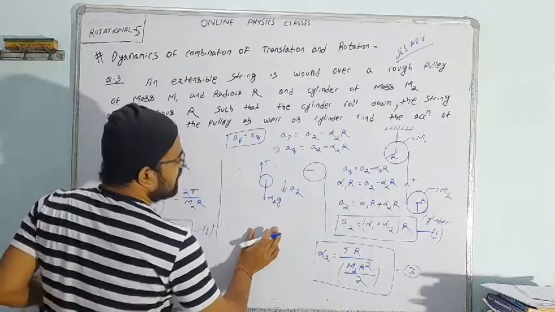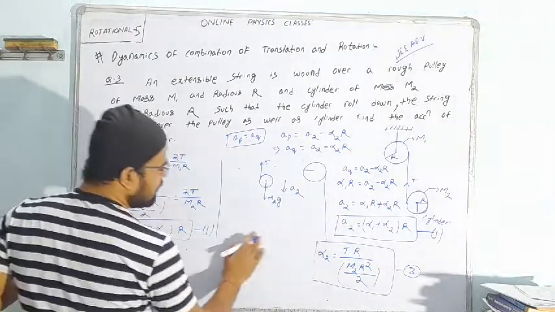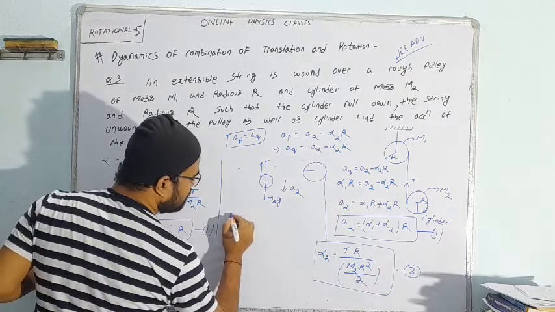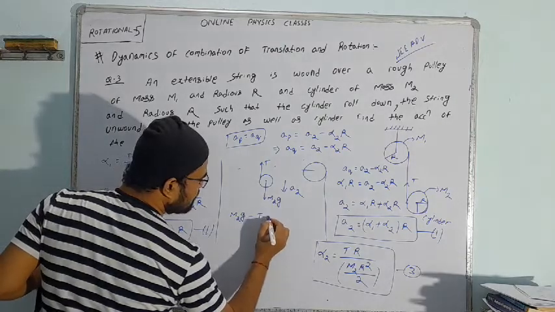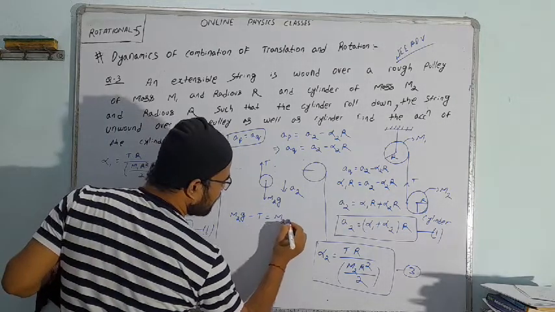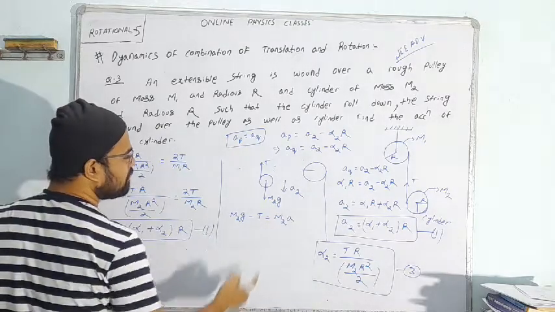If you apply Newton's second law of motion, we can write the equation m2g minus T is equal to m2a.